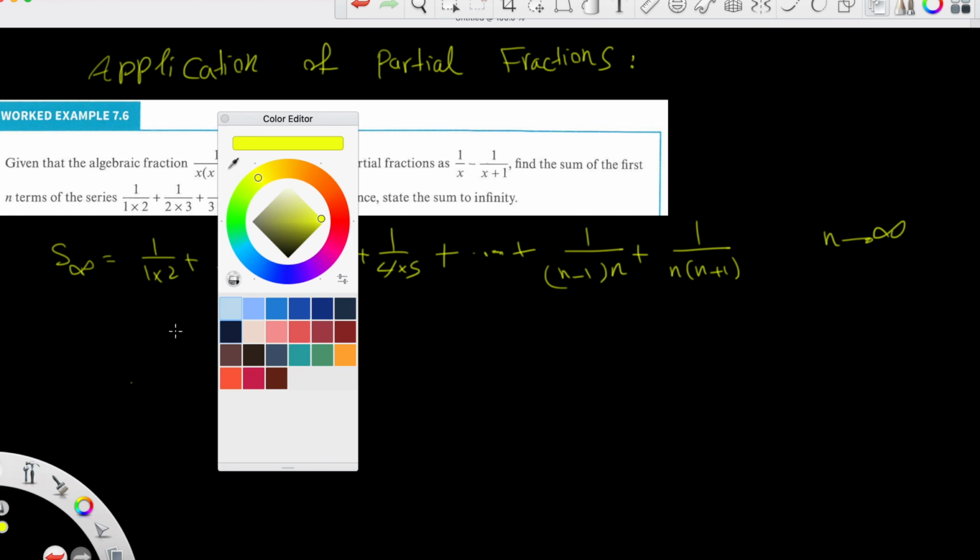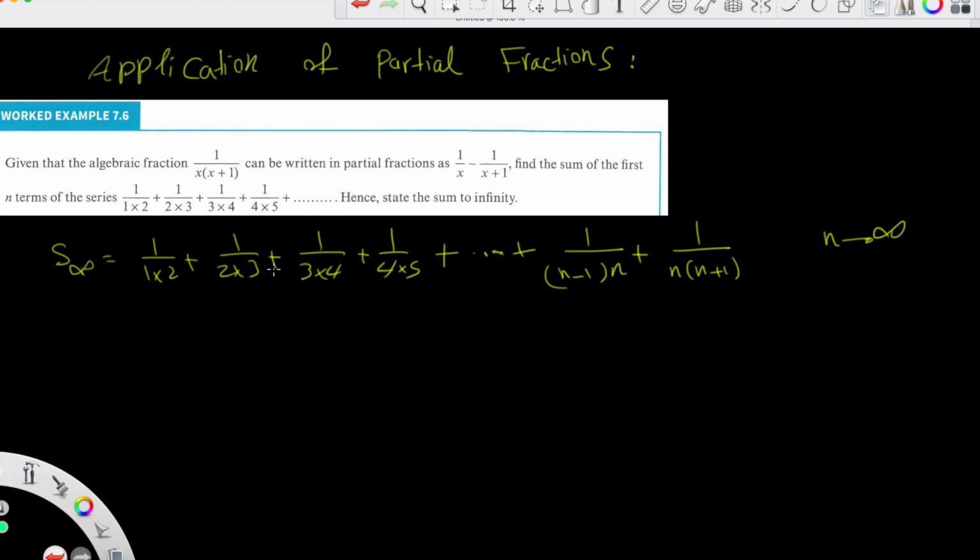Now let's use the partial fractions formula here. The first term, where x is 1, can be split into these two partial fractions, so it can be written as 1/1 − 1/(x + 1), which is 2. Then the second one can be written as 1/2 − 1/3.